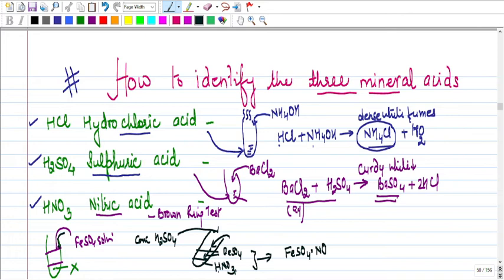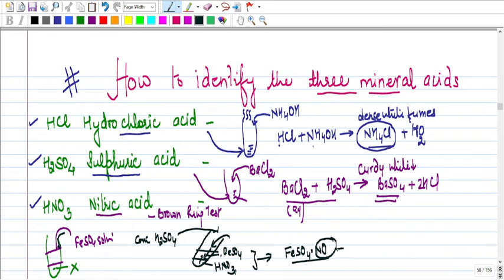So what happens? The nitric acid reacts with ferrous sulfate along with sulfuric acid, and NO is released. This NO comes up, and as soon as it comes in contact with ferrous sulfate, it forms brown color ring, right? So this confirms nitric acid.